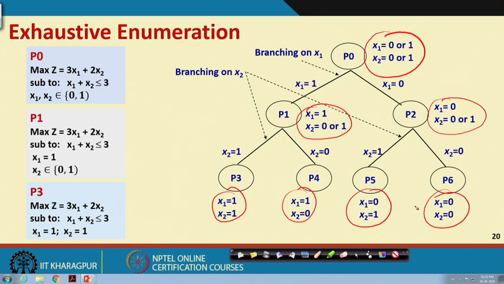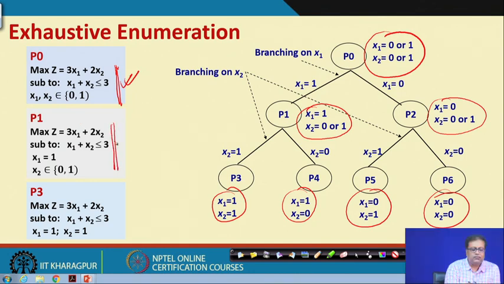What is P0? P0 is the original problem, very clear. What is P1? P1 is the problem with x1 equal to 1. P3 is a problem which is x1 equal to 1 and x2 equal to 1. Similarly P4, P5, P6. Now, the original problem P0 we would like to solve.